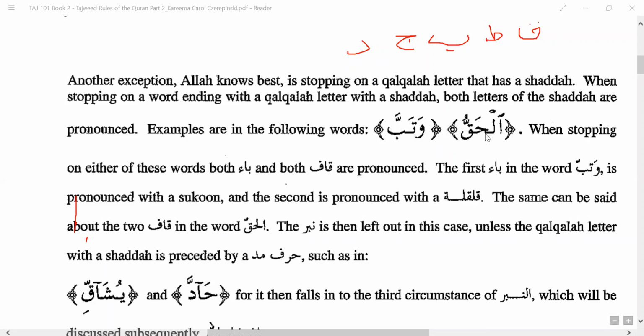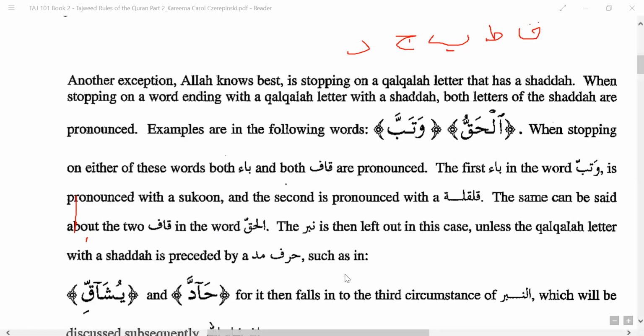The same is in al-haqu. You will say the first qaf with sukun and the next one with qalqala. So here the nabr is left out. Why? Because you have to give a qalqala. So watab, you heard, instead of a nabr, you have to give a qalqala.